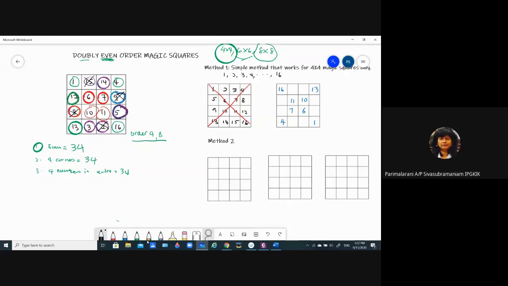We just look at the numbers in the diagonal and exchange them. We put back the original numbers here: 2, 3, 8, 12, 15, 14, 9, and 5. Now can you add the numbers in each row, each diagonal, and each column and tell me what you get?